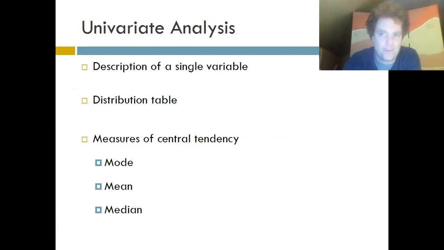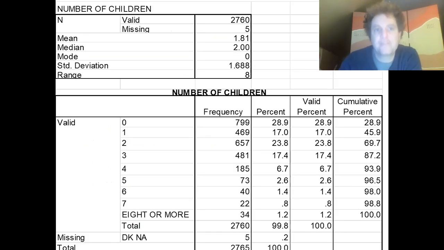Let's look at an example. The example we have is the number of children somebody might have. You could have 0 children, 1, 2, 3, 4, 5, 6, 7, or even 8 or more children.